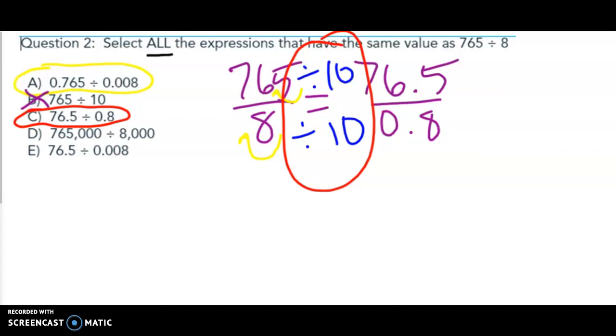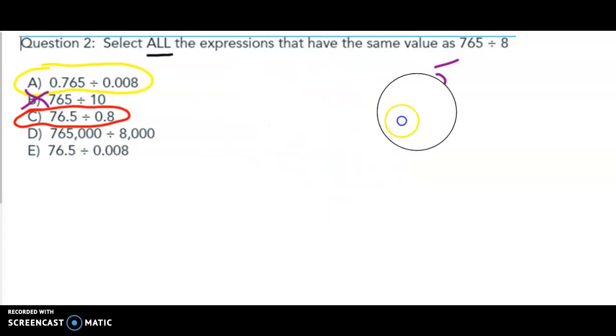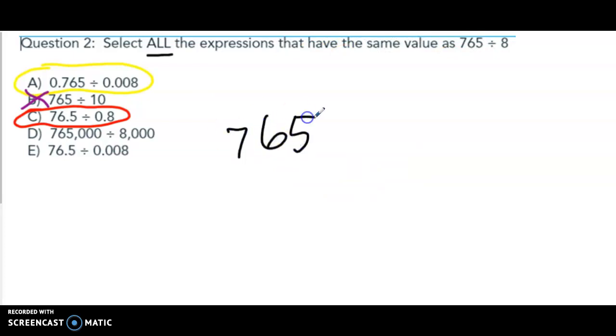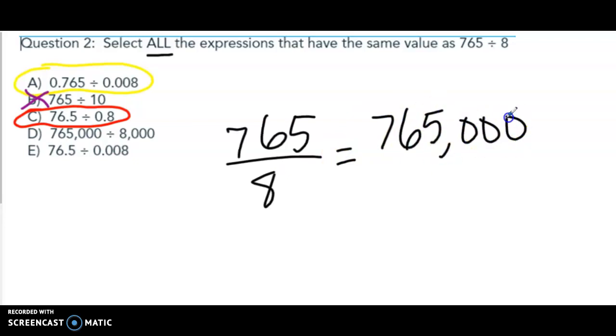Let's see if the next one works. Let me erase. I'm going to start again with 765 divided by 8. And I want to know if I've got the same thing when I have 765,000 divided by 8,000. All right, so this time I'm getting bigger, moving from small to big.